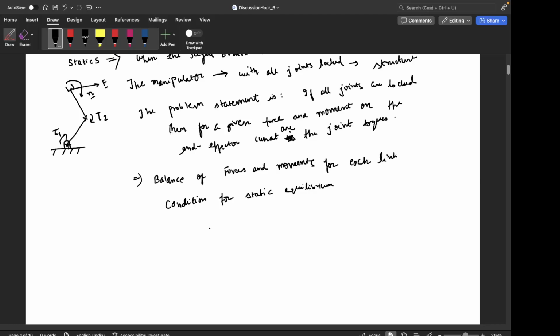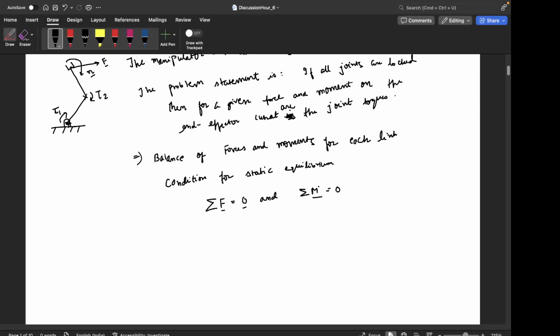The condition for static equilibrium is that for a given rigid body, the sum of all the forces acting on the body should be 0, and the sum of all the moments acting on that body should be 0.